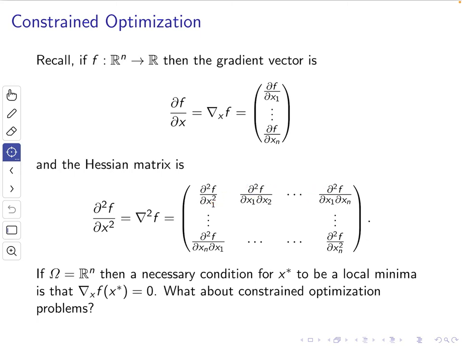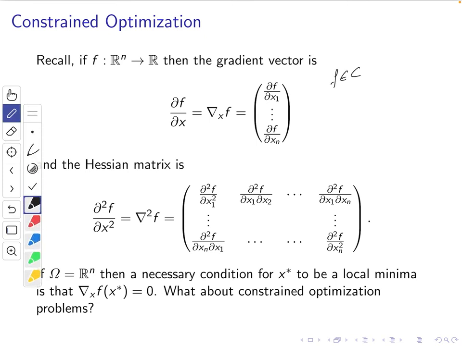And for the Hessian matrix, if we also have that f is C3, in other words, you can differentiate three times and you still get a continuous function, then when we take the second partial of f with respect to, let's say, x1 and then x2, that's the same thing as taking the partial with respect to x2 and then x1.